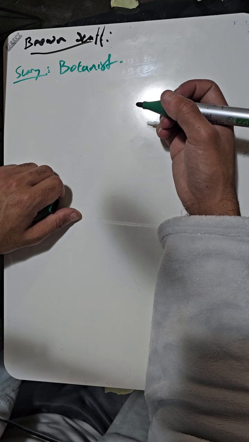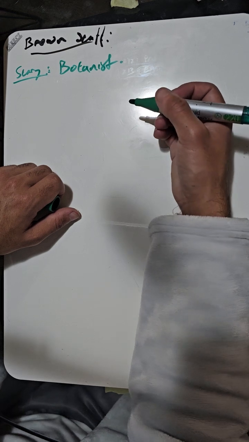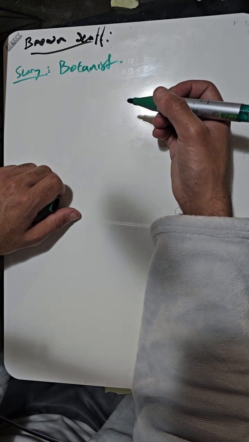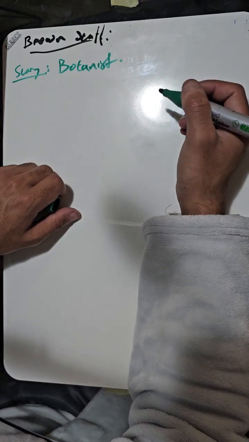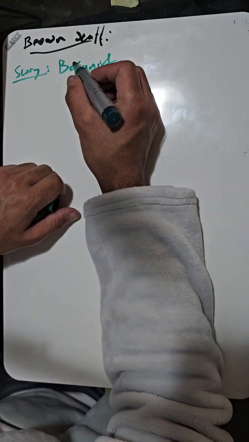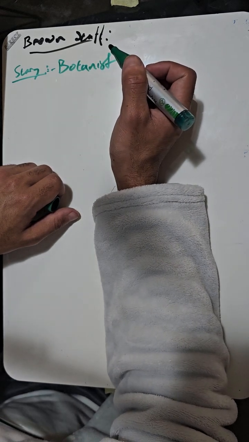Hopefully you would have asked yourself the question, why is there a botanist involved with this? For those that are watching this, correct me if I'm wrong in the comments, but he actually didn't do any of the maths.